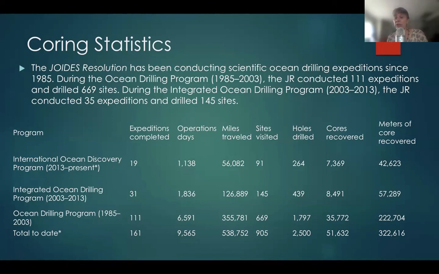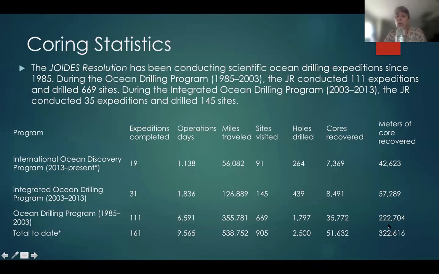Then we move into the Integrated Ocean Drilling Program. The JR has conducted 35 expeditions and drilled 145 sites, and currently we're in the International Ocean Discovery Program, still IODP. And as of 2018, completed 19 expeditions.